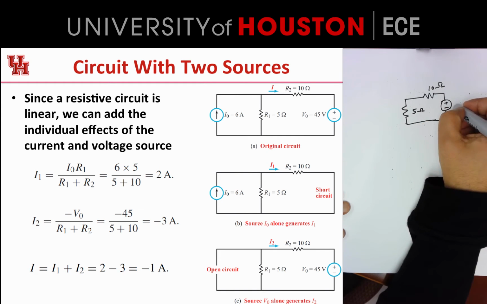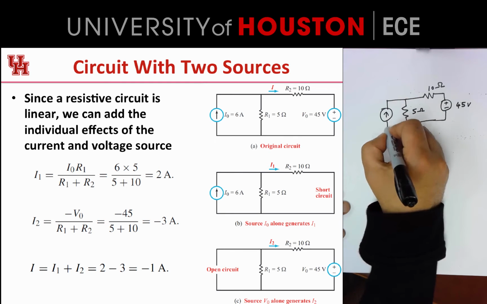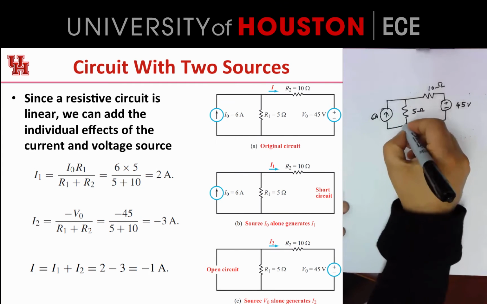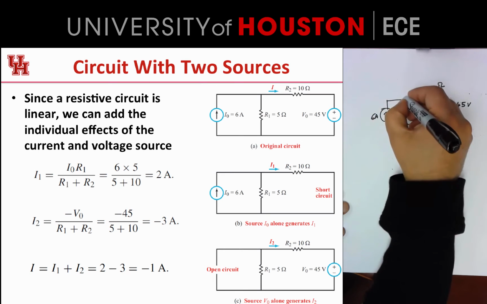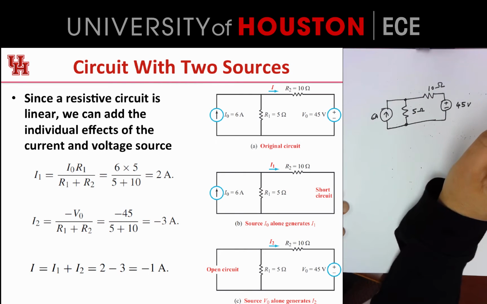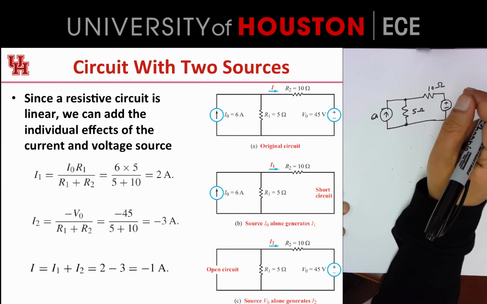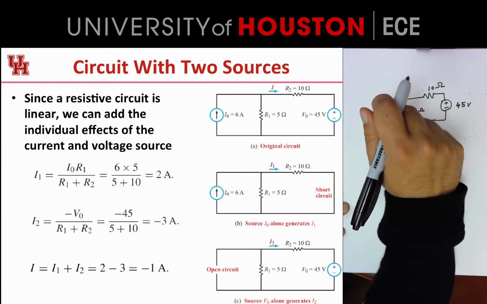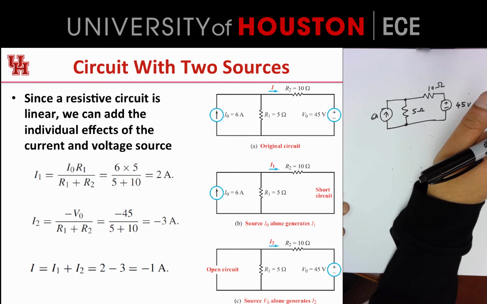One of them is a voltage source, V0, which is 45 volts, and it's got a current source also, which is a 6 amp current source. Since we know, or at least you can take it on trust for now, that resistive circuits are linear, we can take advantage of superposition. So you've got source 1, source 2. We can compute the responses due to each of these sources individually and then add them up.